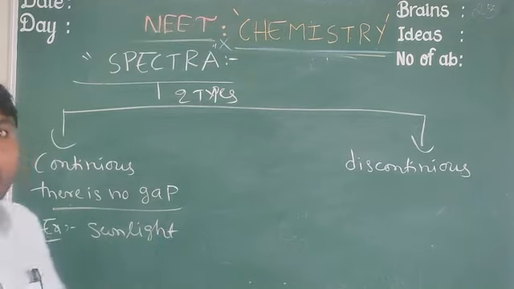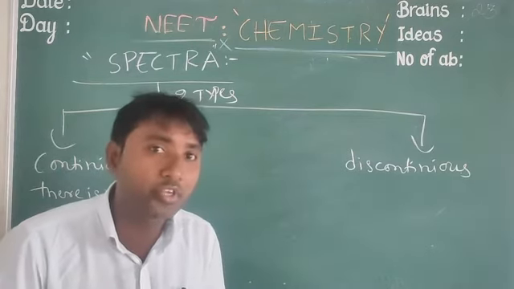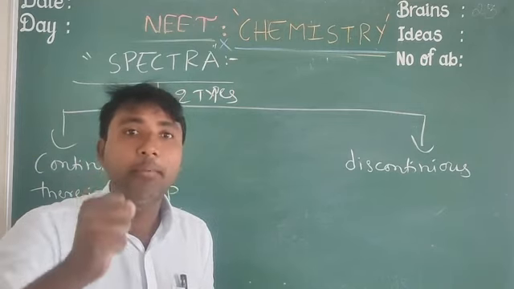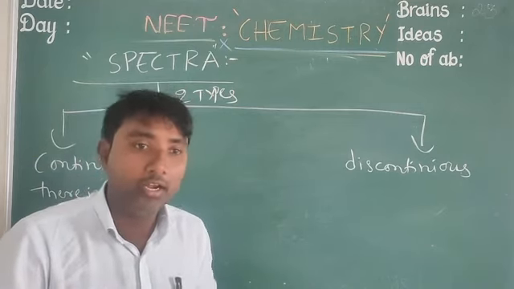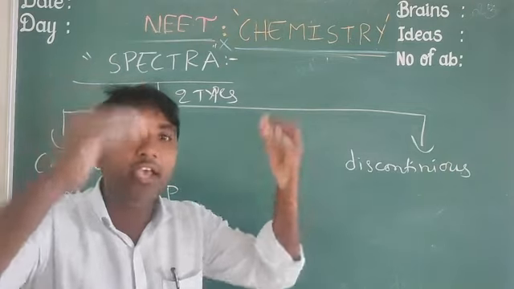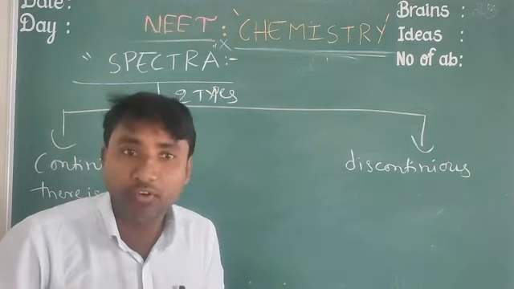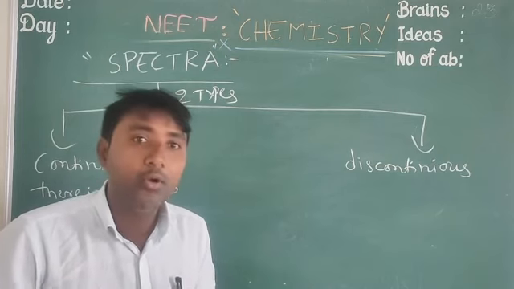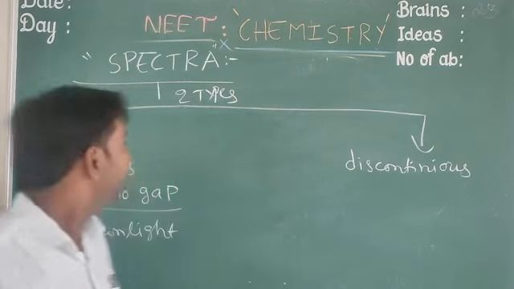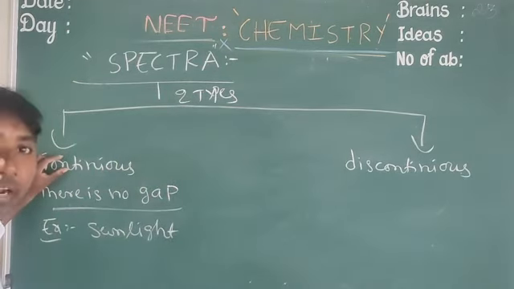Sunlight has 7 colors, but we cannot determine each color separately. All 7 colors mixing are visible as a white color. Already in regular life we know about sunlight. We cannot determine them separately. That is called continuous spectrum.